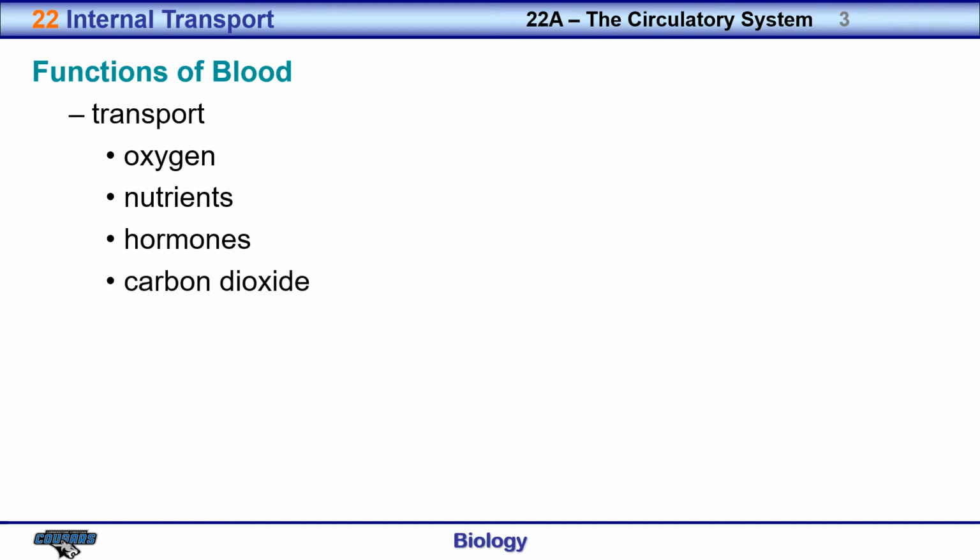The blood also transports carbon dioxide to the lungs for expiration, and it circulates the wastes that have been gathered from different parts of the body and brings them to the kidneys for excretion.